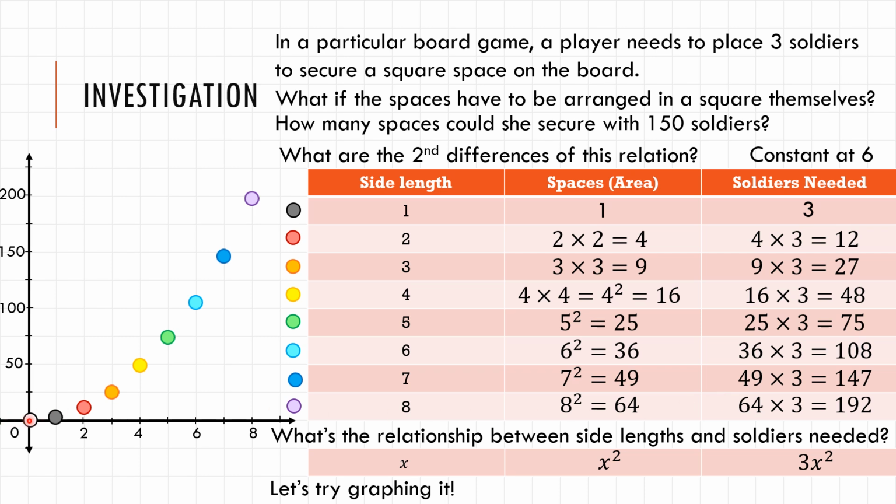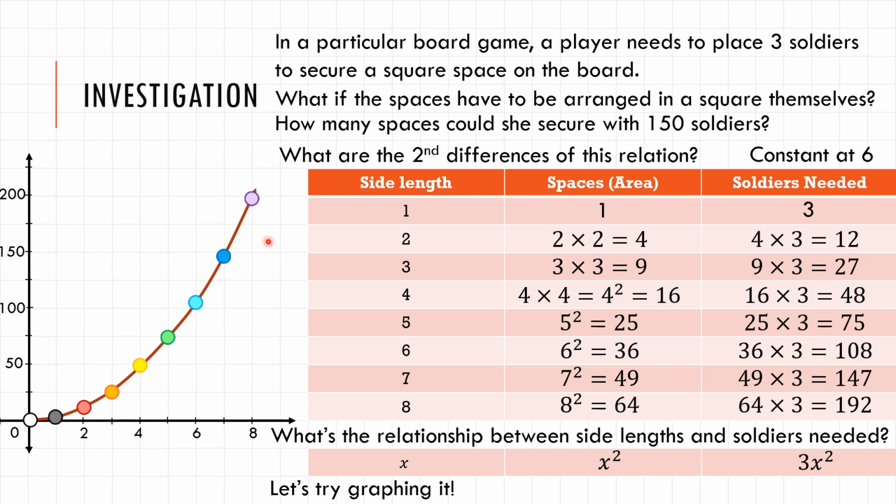So if I were to try to connect the dots with a nice smooth curve, what would that look like? Notice it's not a straight line. If I were to connect these dots with a straight line, the line would sort of end up over here. But we can see that at 8, the points are much higher. So I would need a curve to graph this relation.